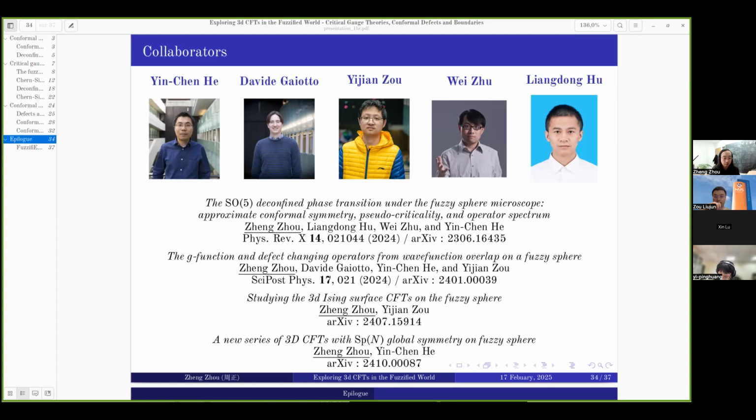Oh, so okay. What's the maximum system size you have calculated in your previous experience? For example, for the Ising model, we can do up to 18 orbitals, or 20 if your computer is good enough.